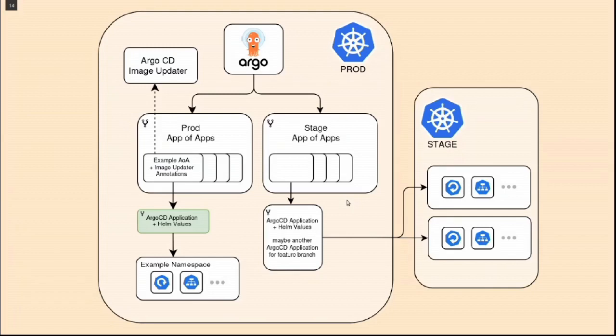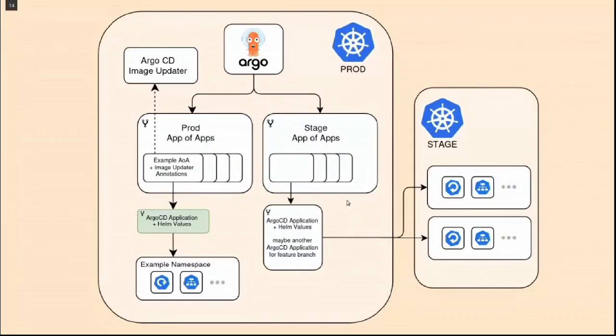Okay, so why do we use this middle layer? Besides allowing us to define how the image updater should behave, it also allows us to turn off the automatic syncing for the production environment. Because if a new version is detected by the image updater, then it is pushed to the repository, and it will get deployed automatically if the sync was on.